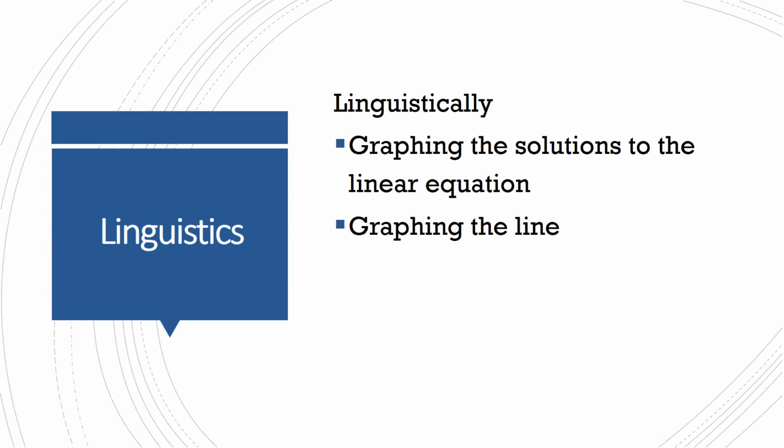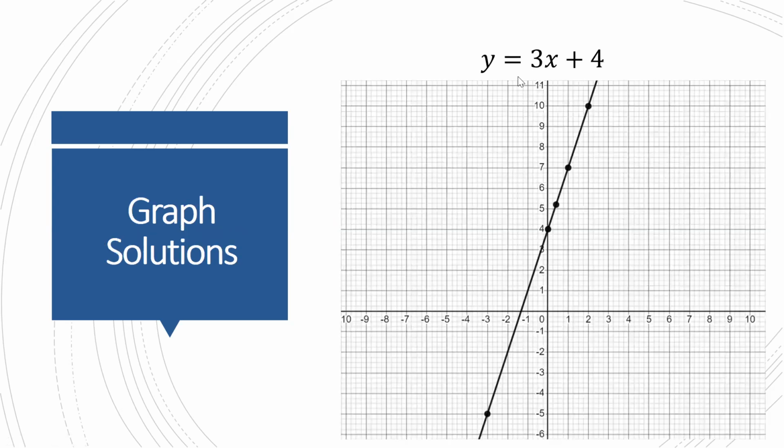Now, in terms of graphing, when we do create the line, one way to phrase it is that we are graphing the solutions to the linear equation. Another way to phrase it is that we're graphing the line. So we often say, well, this equation is the equation of the line, or some people will just say this equation is the line.